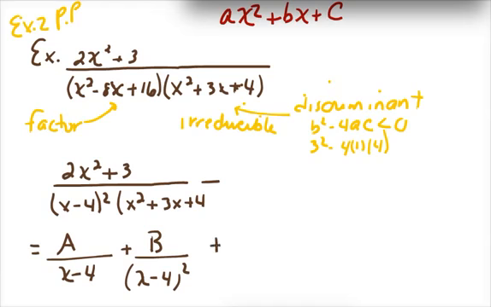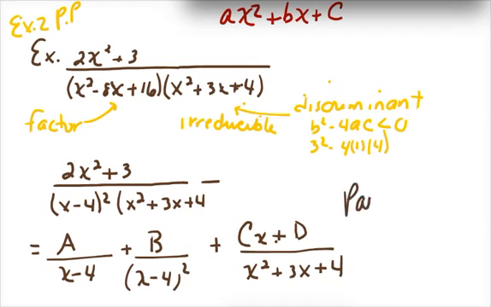And then the last one is an irreducible quadratic, so it's going to be cx plus d all over the irreducible. I'm not going to work the integral or anything. This is just the partial decomposition. And that's how the irreducibles work.